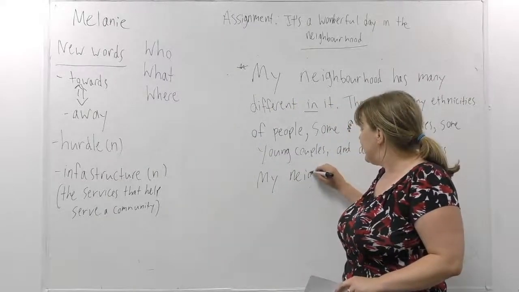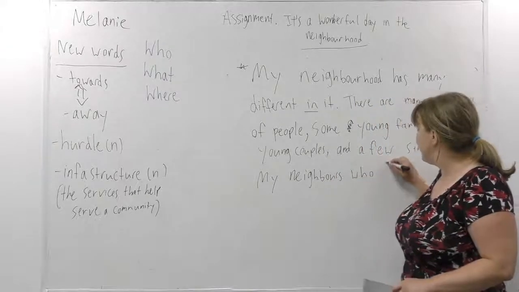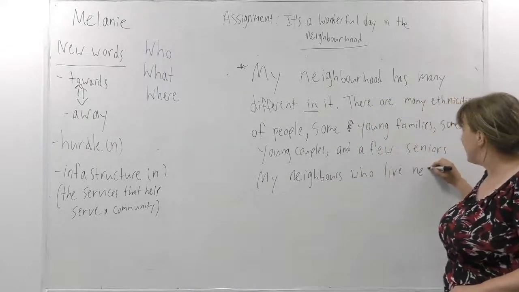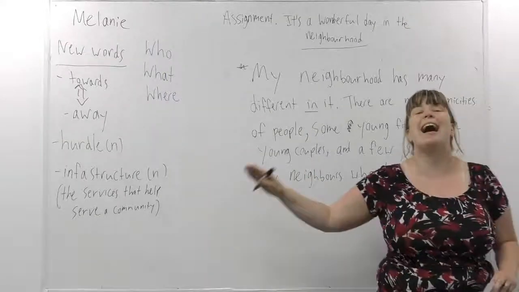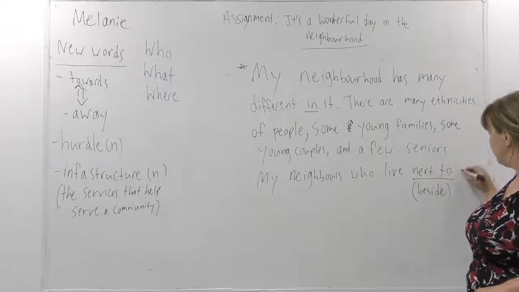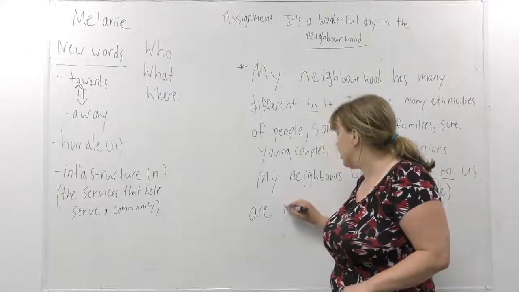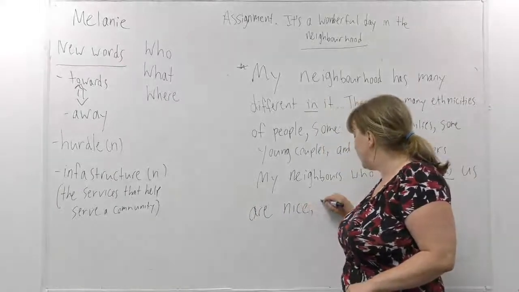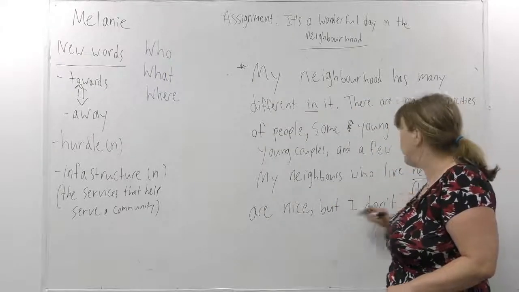My neighbors who live next to me, next to or beside is okay too, who live beside us are friendly, or are nice, but I don't know them very well.